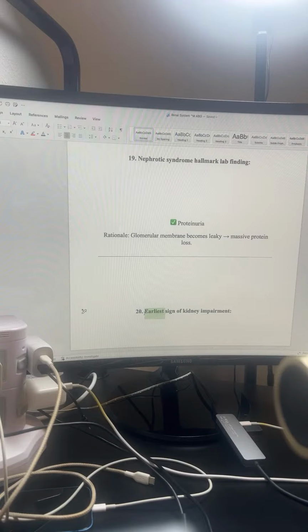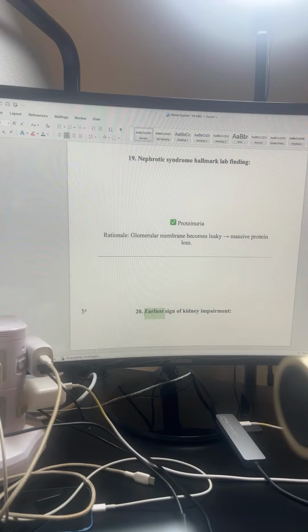Would oliguria be an early sign or a late sign? Hematuria, microalbuminuria. Is oliguria an early sign or a late sign? Early sign oliguria, late sign anuria.